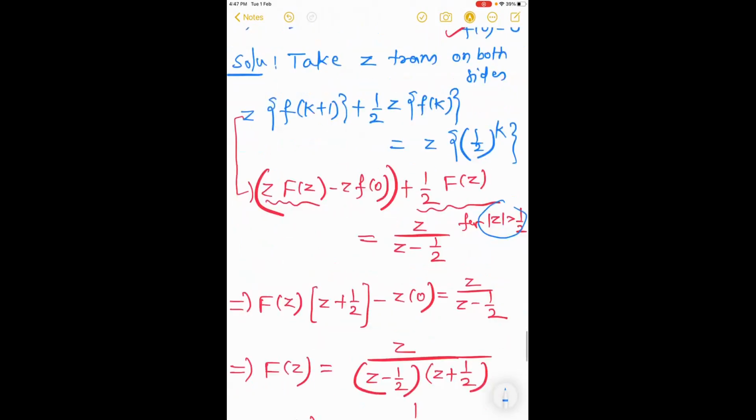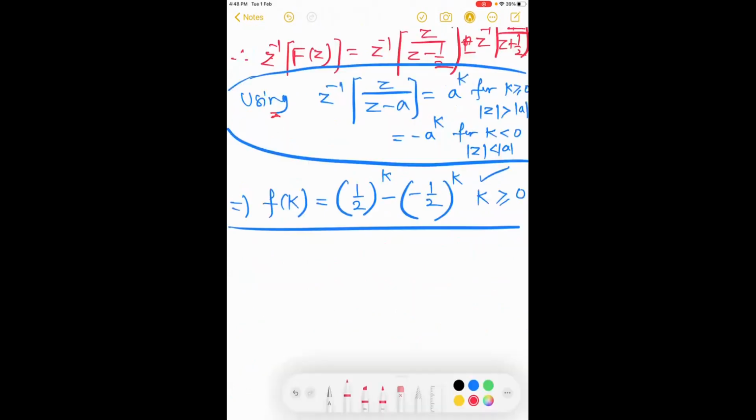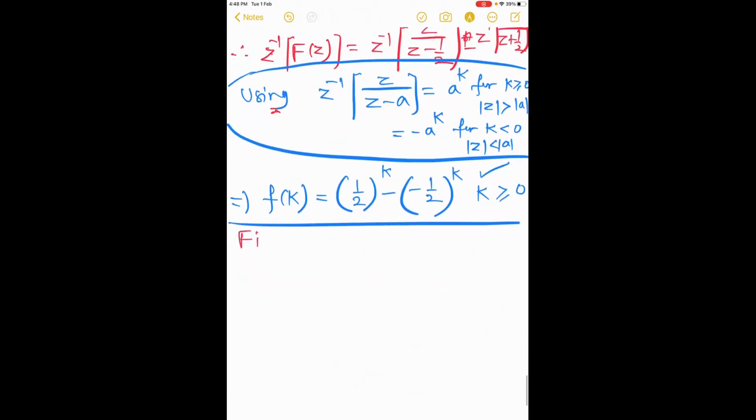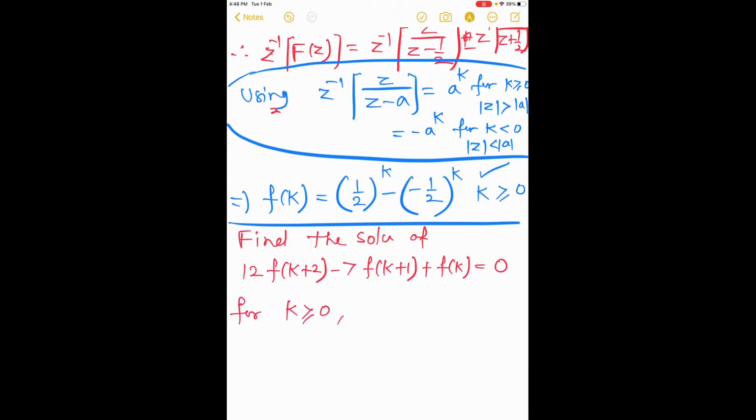Find the solution of this difference equation: 12 into f of k plus 2, minus 7 into f of k plus 1, plus f of k is equal to 0 for k greater than or equal to 0, and f of 0 is 0, f of 1 is 3.